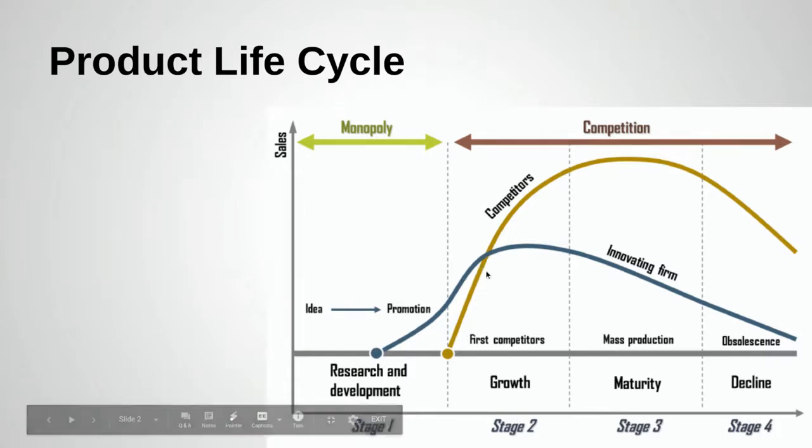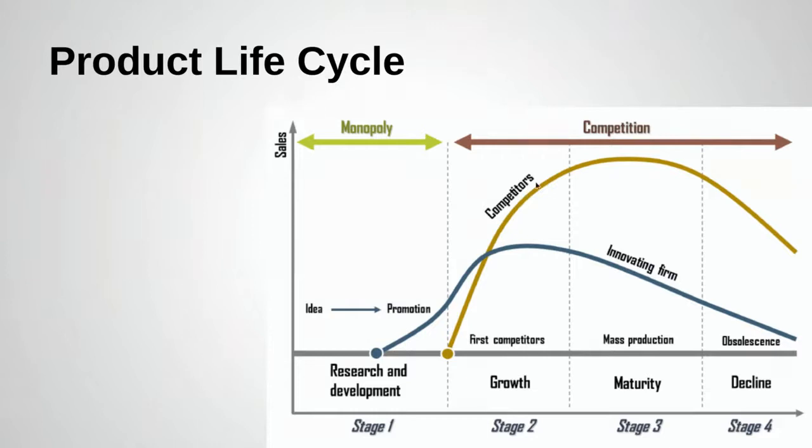Your competitors come out, they didn't spend much on research and development, so they can sell their product for less than you can, and typically in the long run, they are going to sell more of the product than you can, unless you can convince the consumers that your product is superior to the generic product available at a lower price. So you got your monopoly initially, then your competition. And ideally, if you can innovate, you can keep it going, otherwise it'll become obsolete eventually.